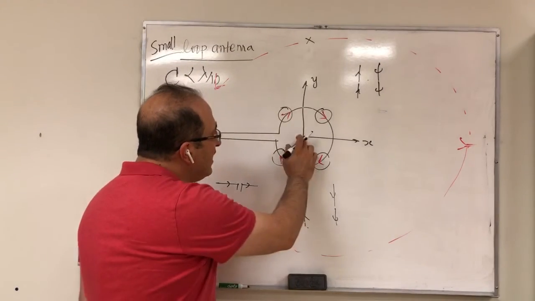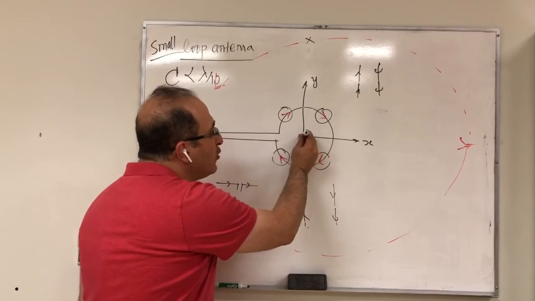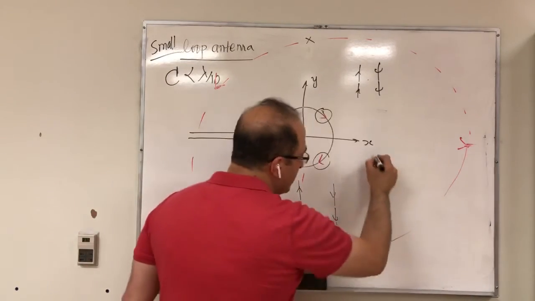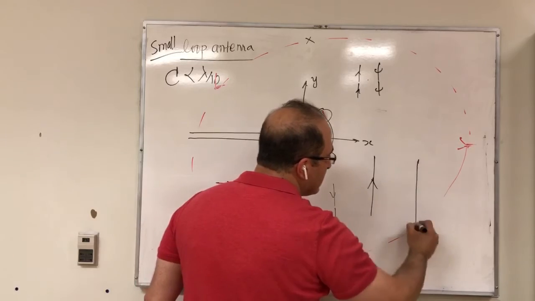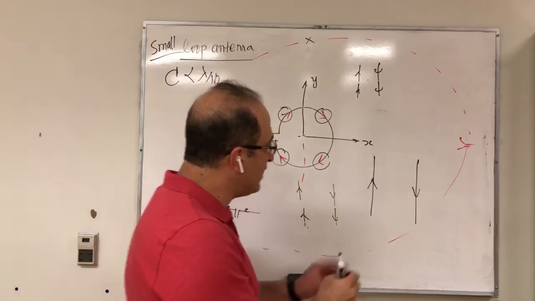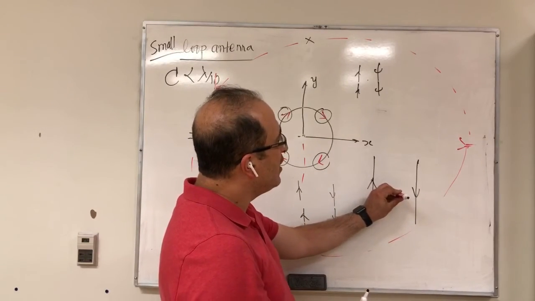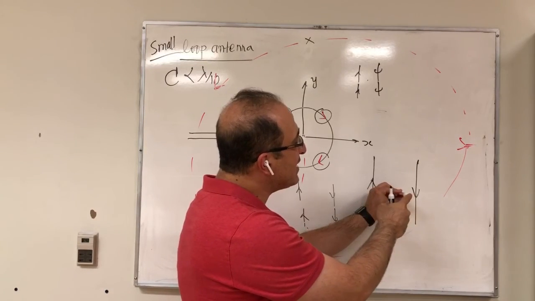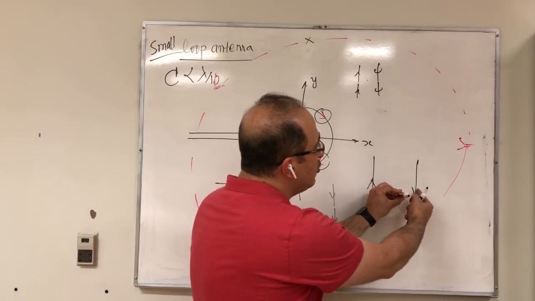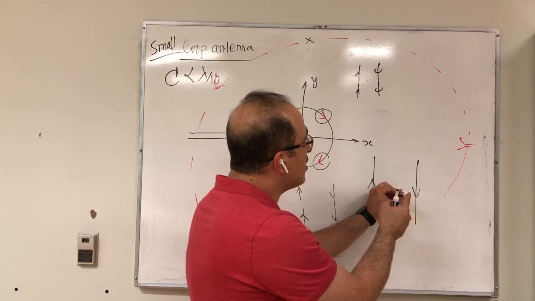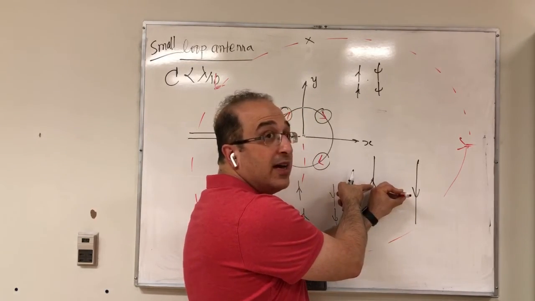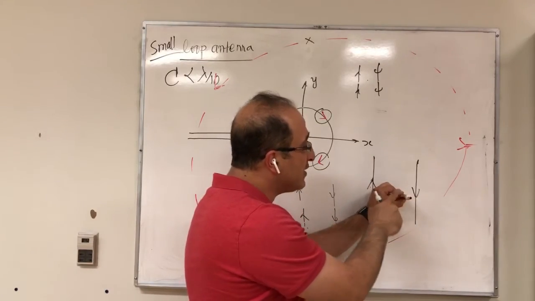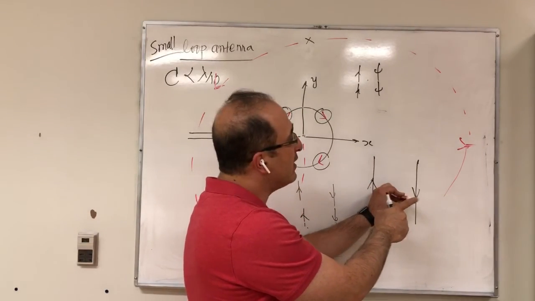Although they are separated, let me plot it here. So this is one current, this is another current, and let's say this is the axis. Although they are separated, when you are on the axis, the distance from the observation point to this antenna and the distance from the observation point to the other antenna remain the same. So if they are exactly opposite to each other, they're going to cancel the effect of each other here.